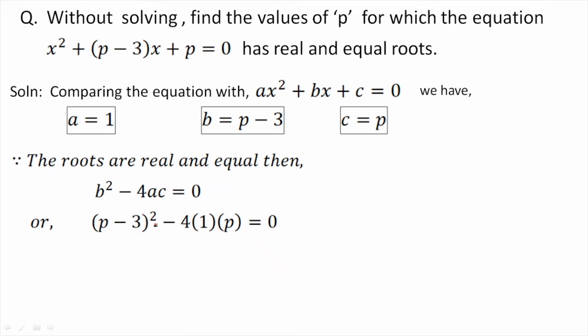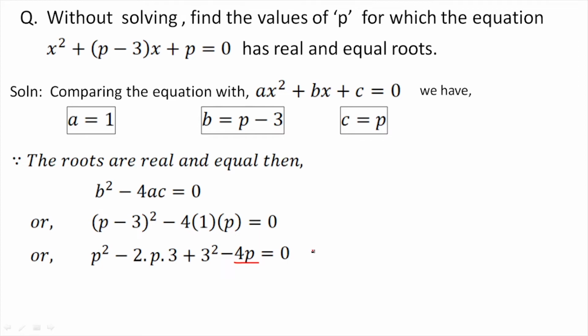Now this is in the form a minus b whole square. We'll just write the formula. It is a square minus 2ab plus b square, and minus 4 into 1 into p is 4p.